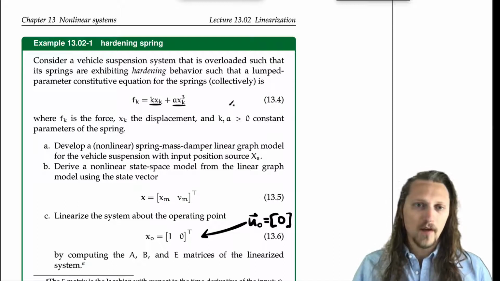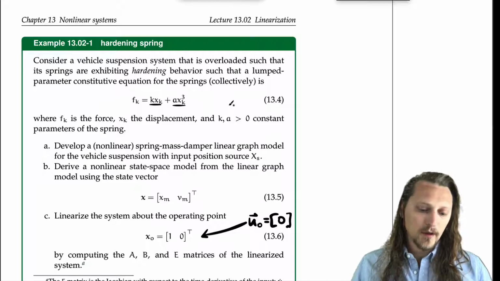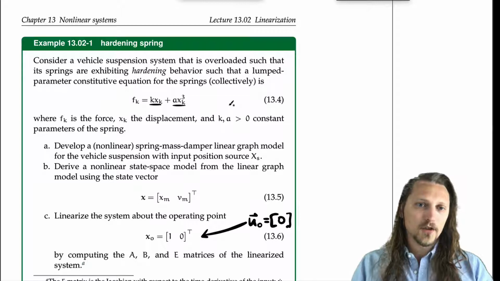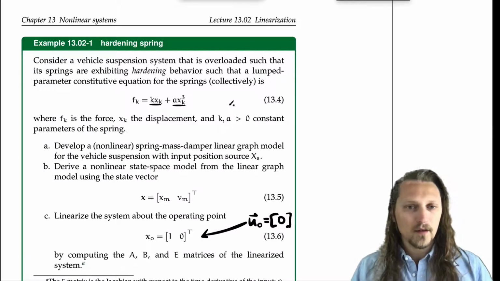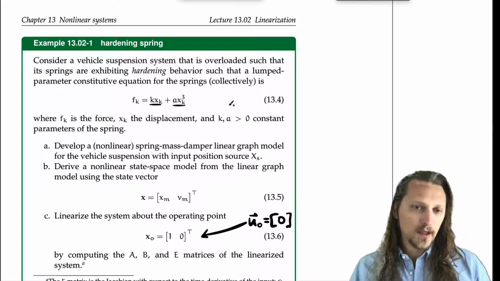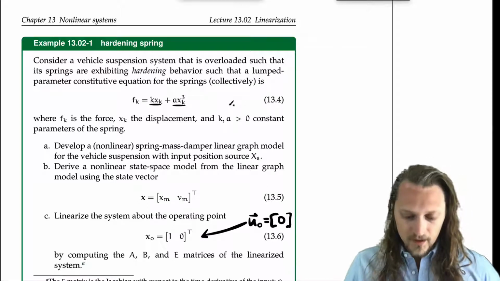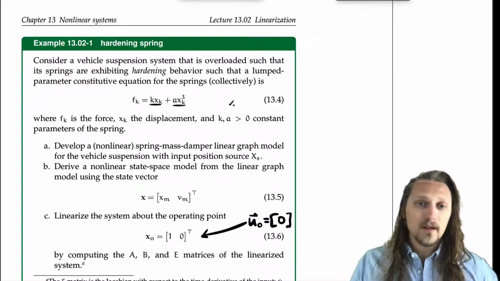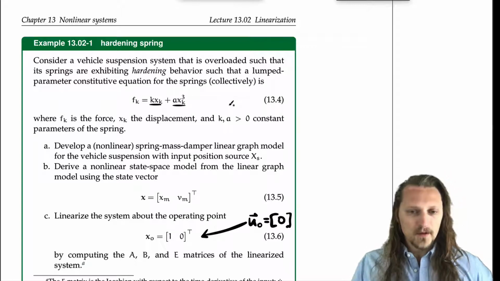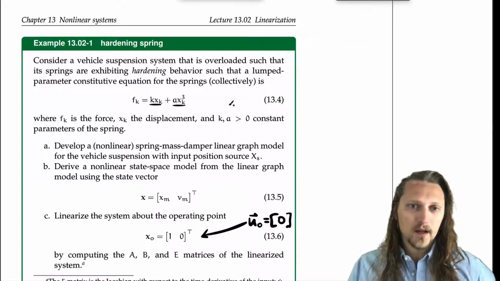Usually around equilibrium, or around zero displacement from unstretched spring length, the spring will be pretty linear. Actually, usually it's quite linear there, so that's good. But when you get outside of that, sometimes springs will exhibit hardening, sometimes softening.